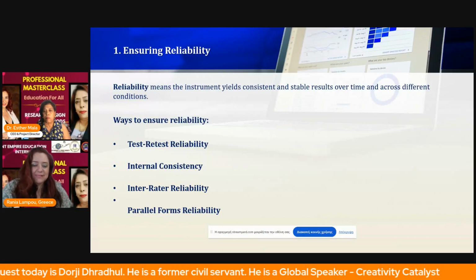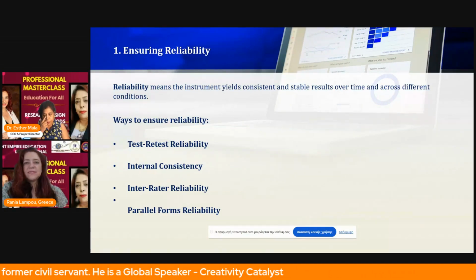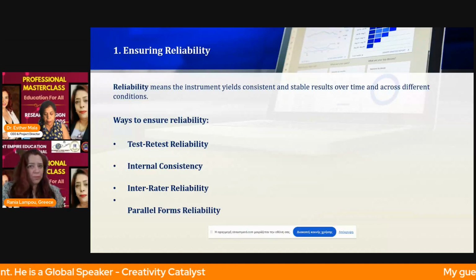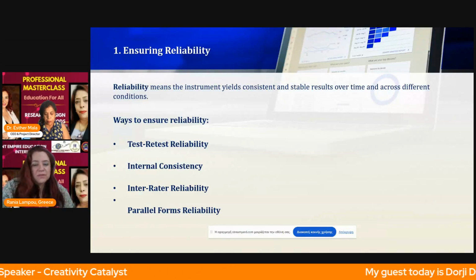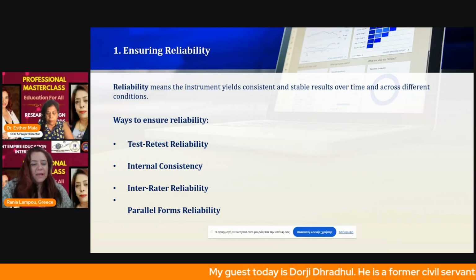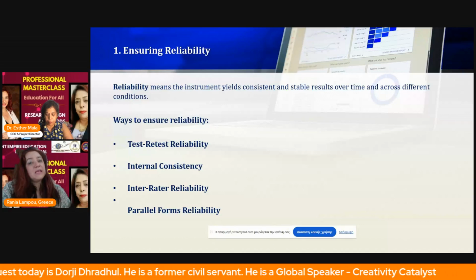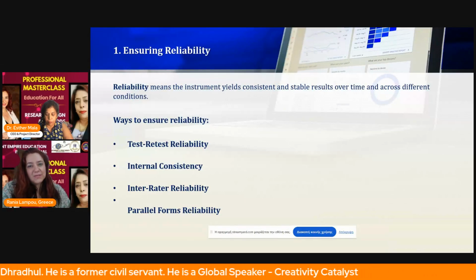By test-retest reliability. This means, for example, administer the same instrument to the same group at two different points in time and check for consistency in results. Internal consistency: we use statistical measures like Cronbach's alpha to assess if different parts or items of the instrument consistently measure the same construct.